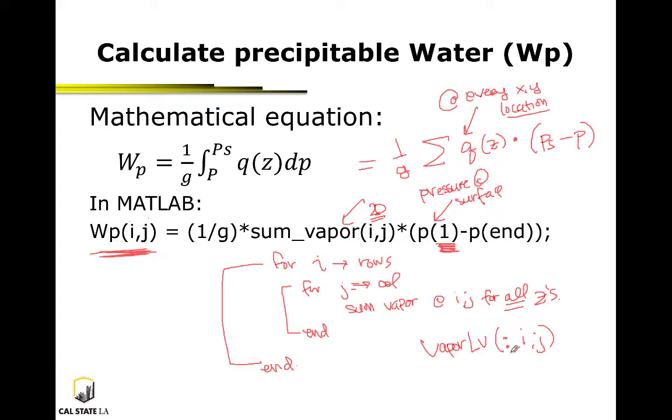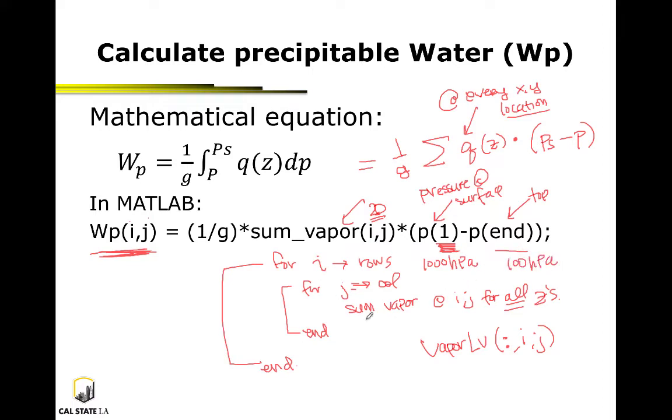So vapor LV1, and this is going to be at the end, which is going to be at the top, right? These values should be the 1000 hectopascal and the 100 hectopascal.